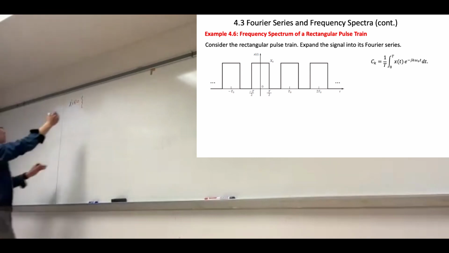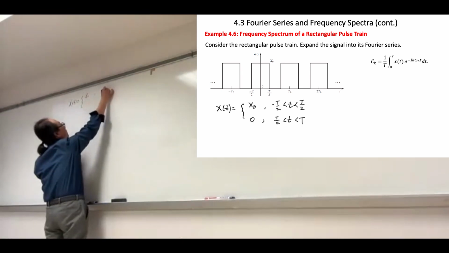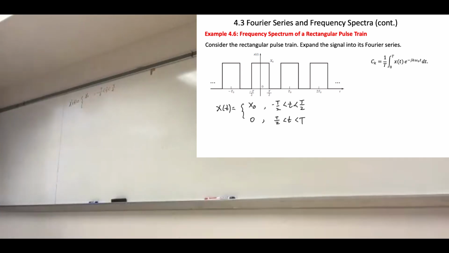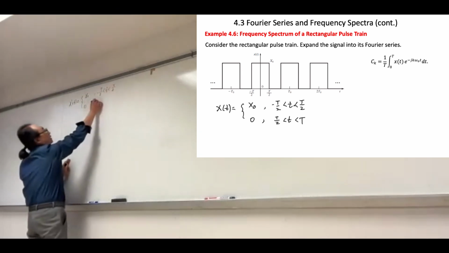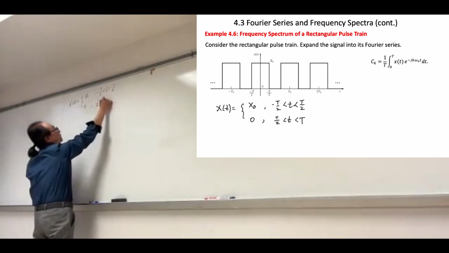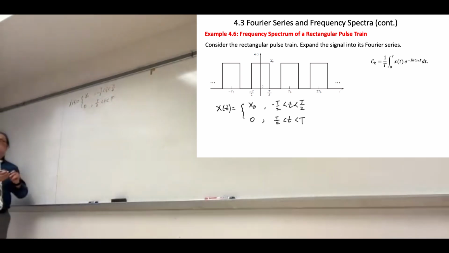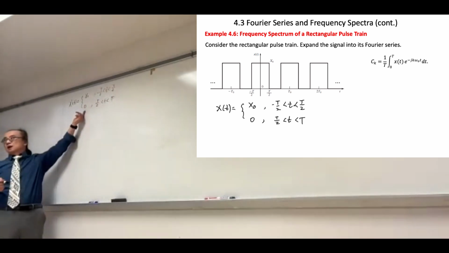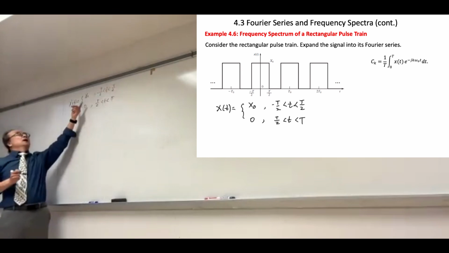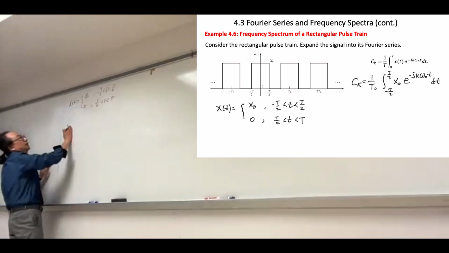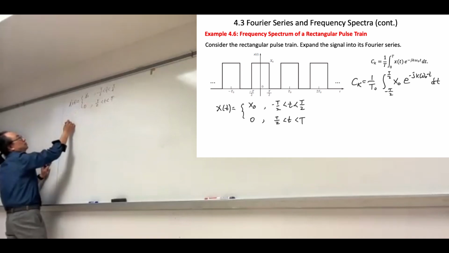It's going to be x naught when t is from negative T over 2 to positive T over 2, and then 0 from T over 2 to t equals big T. So in this case, because it's 0 for the second case, we just need to set up and find C of k for negative T over 2 to positive T over 2.